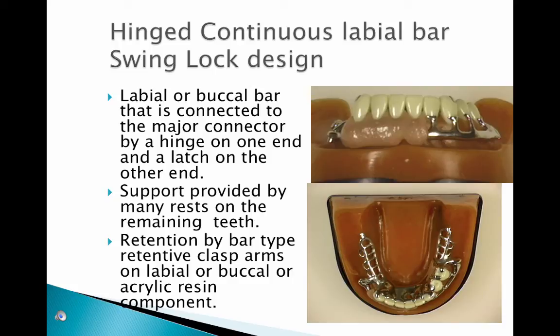Retention is obtained by the labial bar, which has these projections as shown on that upper picture that go into the undercuts on the buccal or labial surfaces of the remaining teeth. Sometimes acrylic resin may be used as the retentive component, as shown on the left of that upper picture.